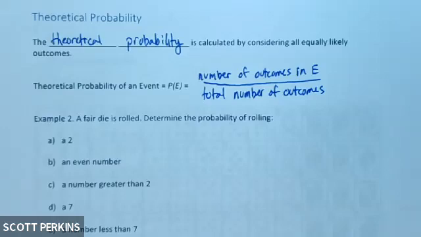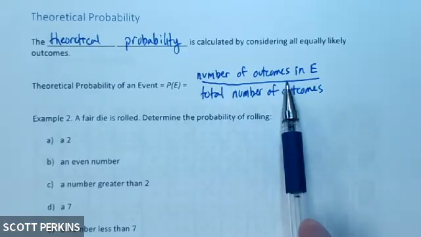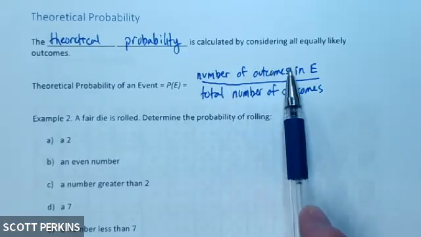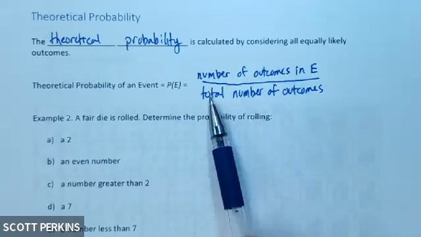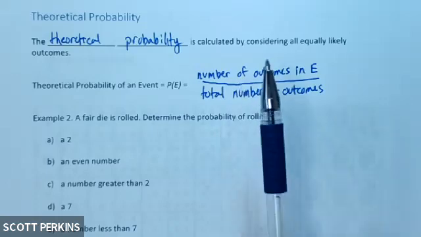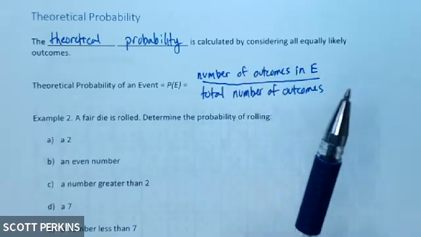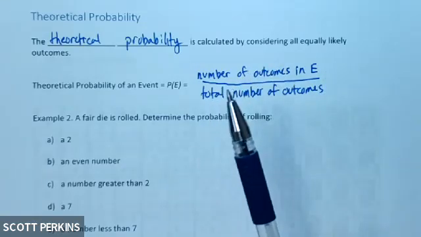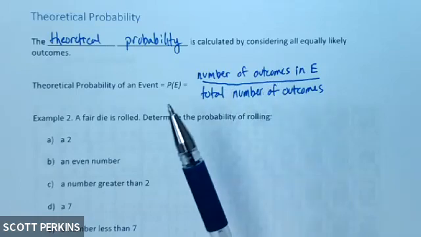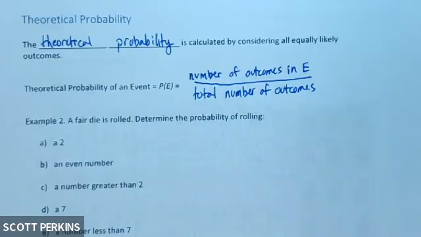And again, this boils down to being the same thing. The number of outcomes in E, so that is successes. How many successes are there? How many outcomes do you care about? Divided by total. So whether it's empirical or whether it's theoretical, it is the same ratio. It's successes divided by total. If you just keep that in mind, that's how you're going to calculate probability.